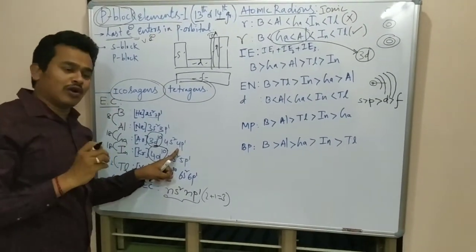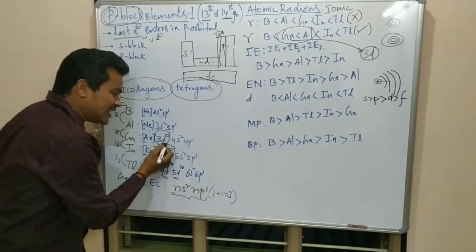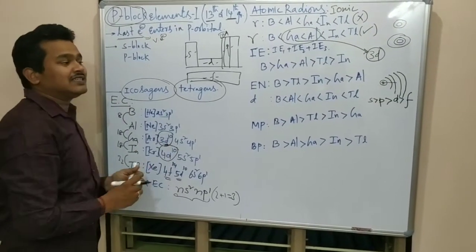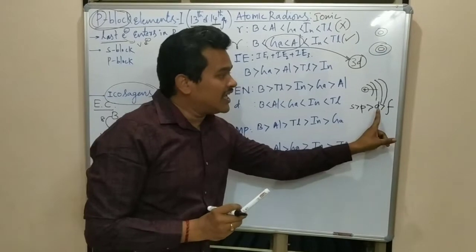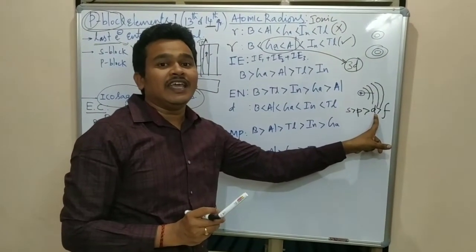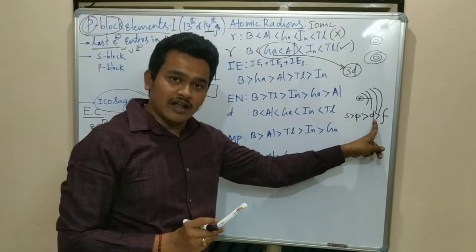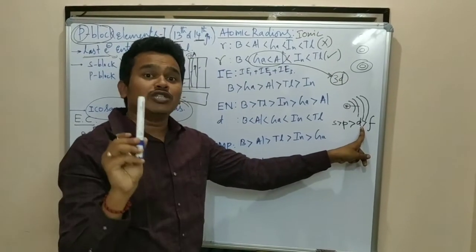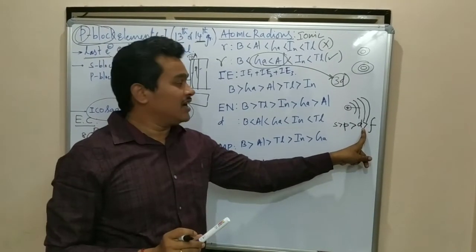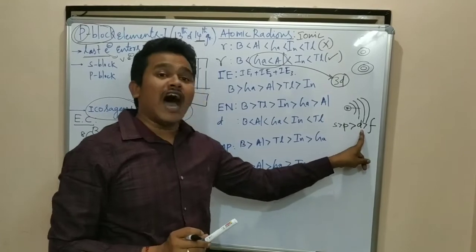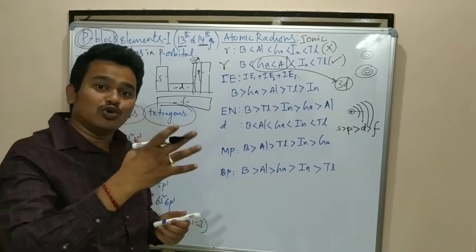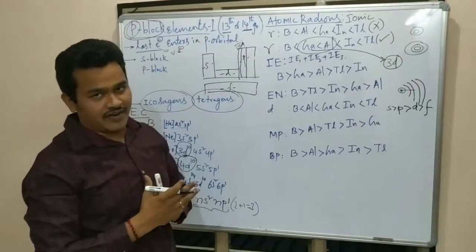Why influencing more? There is a 3D orbital. This is a poor shielding effect. The D orbital has a poor shielding effect compared with S and P. It is unable to shield the nuclear force of attraction.